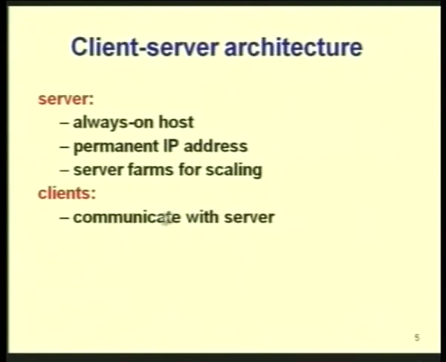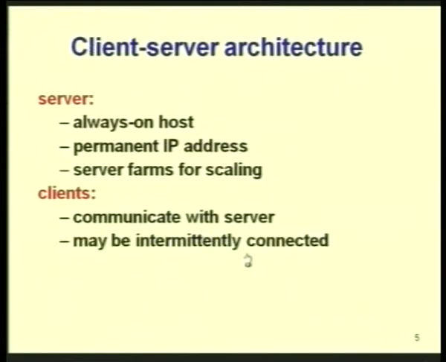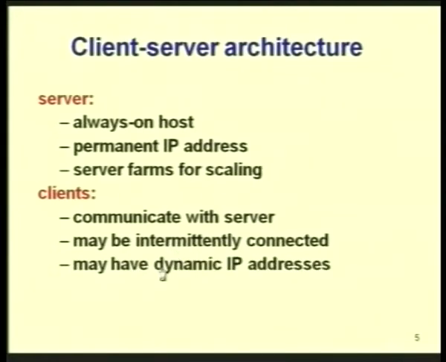Clients, on the other hand, in a client server model, are devices which communicate with the server, and they may be intermittently connected, meaning a client is not permanently connected to a server. Whenever it needs a service, it connects to the server, and it may have dynamic IP addresses as opposed to a server, which typically has a permanent IP address.